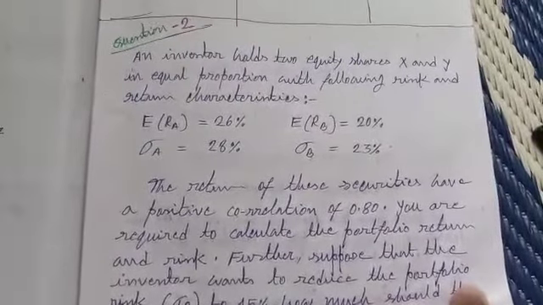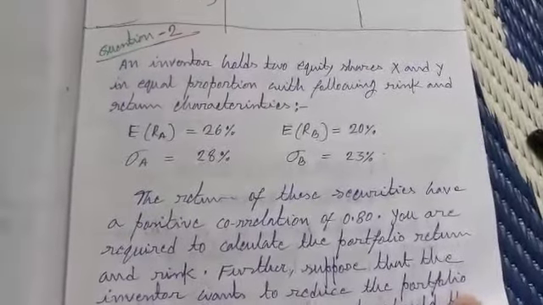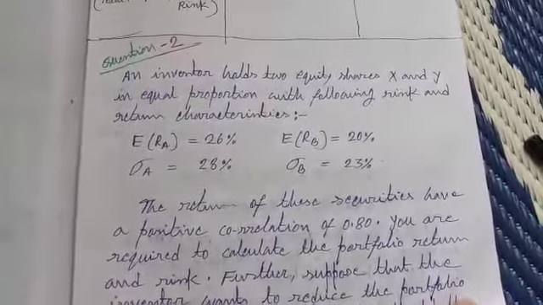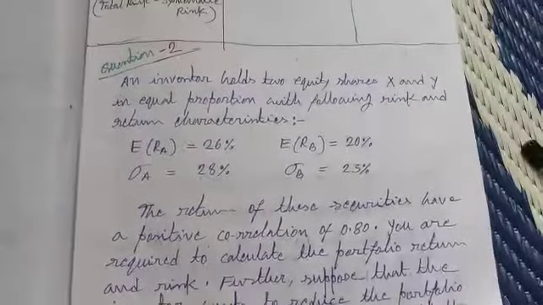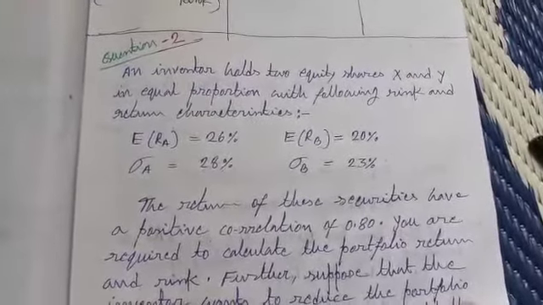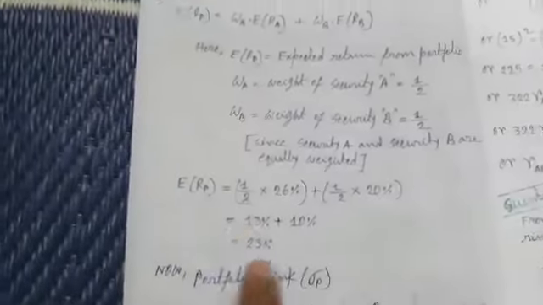Expected return of security A is 26% and of security B is 20%. So WA into ERA, that means half into 26% plus half into 20%, comes to 13% plus 10%, that is 23%.